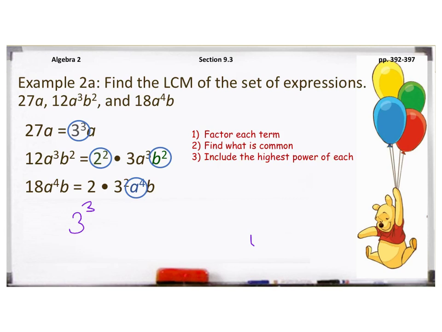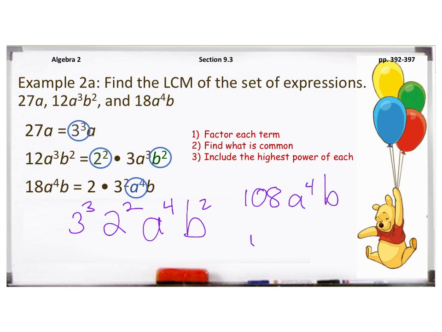For the 2s, my largest is 2 squared. For the a's, my largest is a to the 4, and for the b's, the largest is squared. So 3 to the 3 is 27, times 4 is 108. A to the 4, b squared. That is my lowest common multiple, the smallest number that all of these 3 terms are factors of.